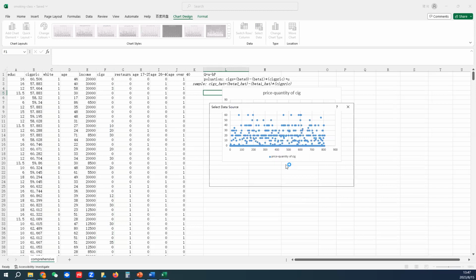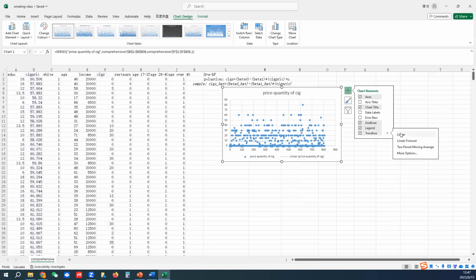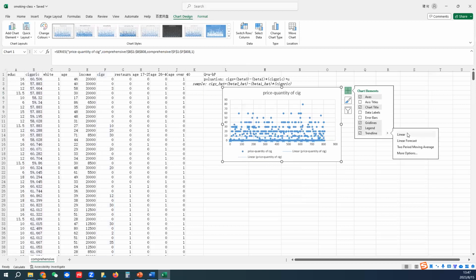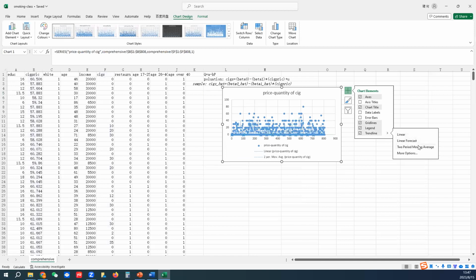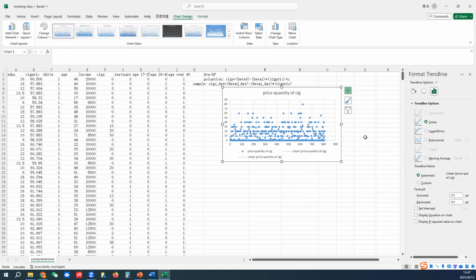Okay, sounds good. So now let's look at how to add a line. It's pretty simple. It's just the trend line to be added. And here it's just a linear trendline. It's not that easy to be seen.